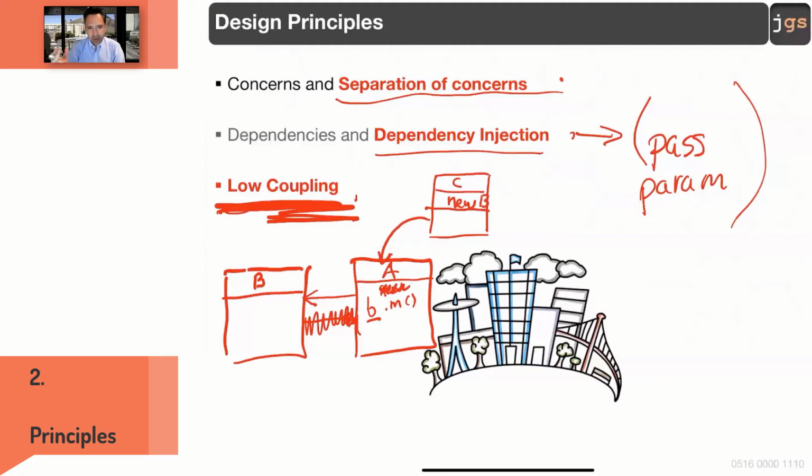The advantage here is, as you mentioned in the chat, the creation of B is in a different place. And I can send here as a parameter a real object B, or I can send a mock object B, something that looks like a B even though it's not a B, but same family.